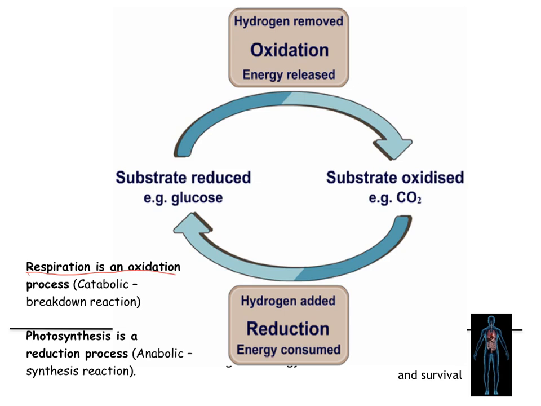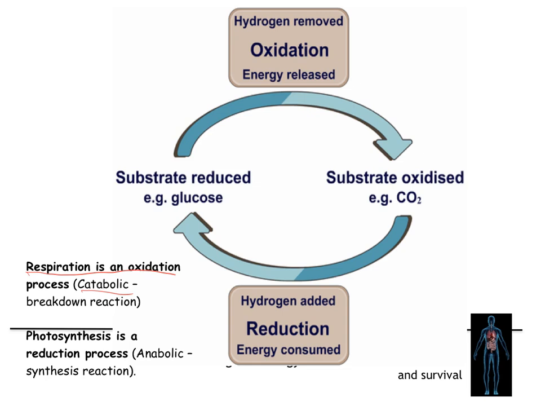So respiration is an oxidative process. Hydrogen ions and electrons are being removed, and it's a catabolic, that is a breakdown, reaction. Photosynthesis, on the other hand, is a synthesis reaction, and it's actually a reduction reaction. What's happening is hydrogens are being added.